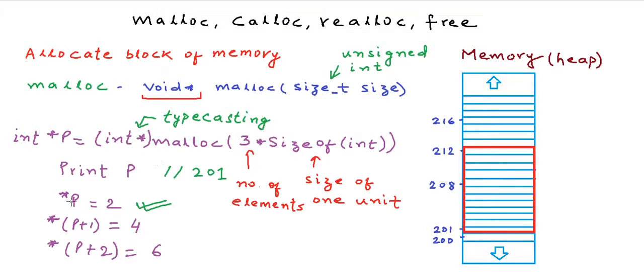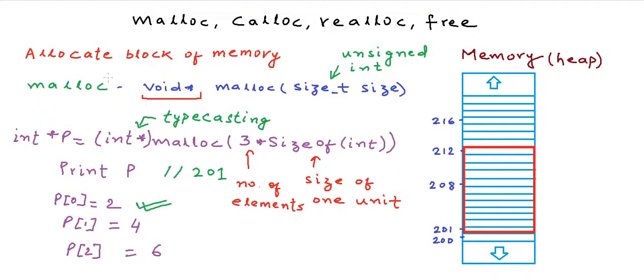We could also write *p as p[0], *(p+1) as p[1], and similarly *(p+2) as p[2]. They mean the same. All the manipulation on dynamically allocated memory happens through pointers. You have a pointer to the starting address, and then if you want to go to the next element in the array, you increment the pointer, and this is how things happen.